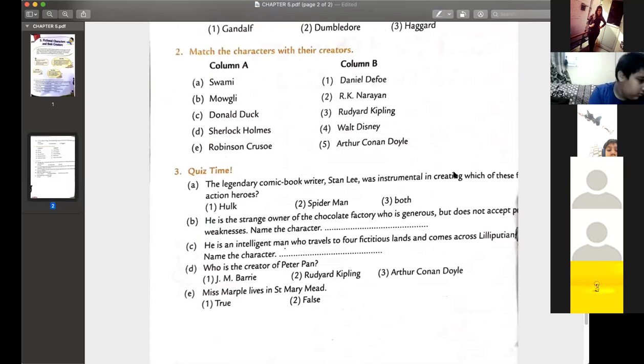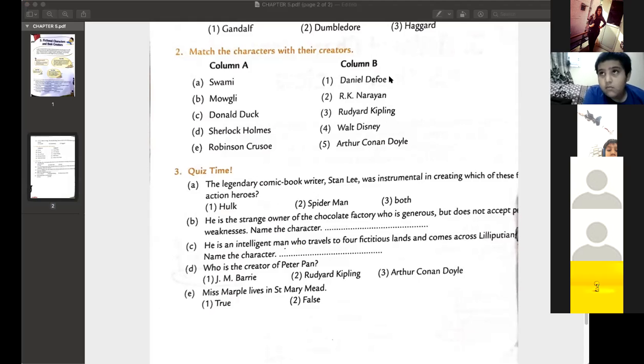Last, the legendary comic writer Stan Lee was instrumental in creating which of the following action heroes? Hulk, Spider-Man, or both? Yes, Navneet. Both.